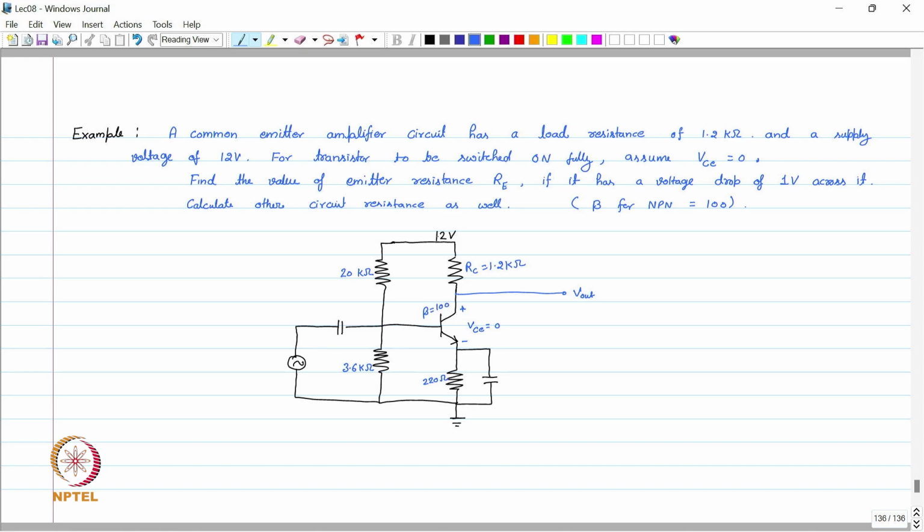So we can do all these maths at some different time. The IC current comes out like 4.58 milliamp.